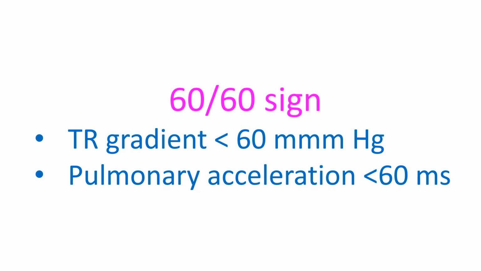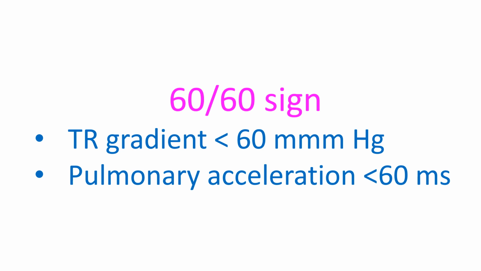Tricuspid regurgitation jet gradient of less than 60 millimeters of mercury, corresponding to TR velocity less than 3.9 meters per second. Pulmonary flow acceleration time of less than 60 milliseconds. It may be noted that TR gradient should be above 30 millimeters of mercury to indicate pulmonary hypertension due to pulmonary embolism.